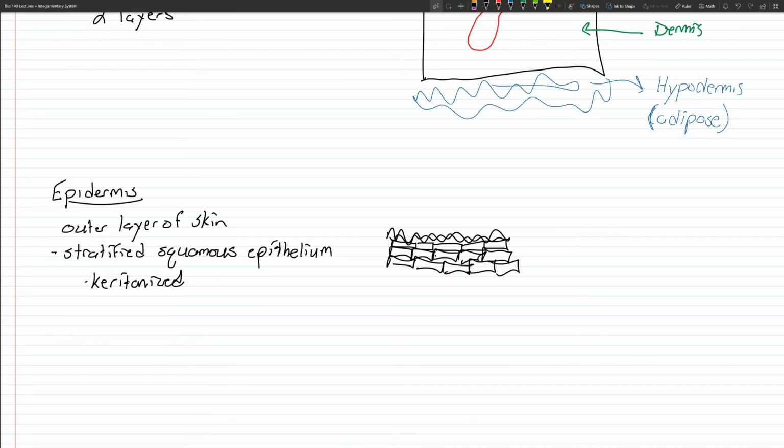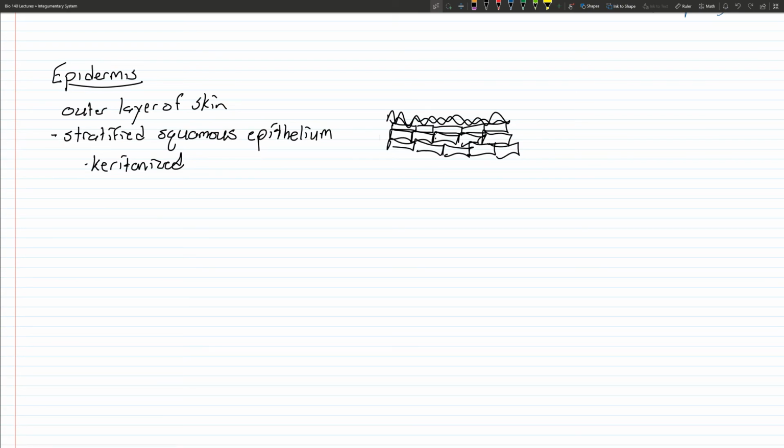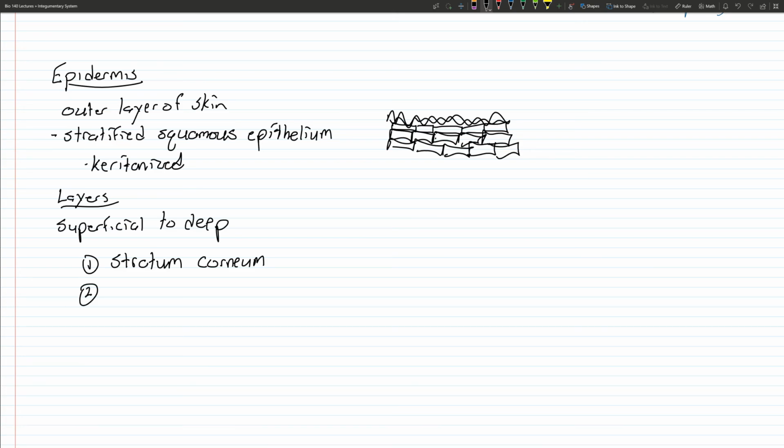Going from outwards, most superficial, to in, so superficial to deep, which just means from the surface down, the first layer is called the stratum corneum. Below that, we have what's called the stratum lucidum.